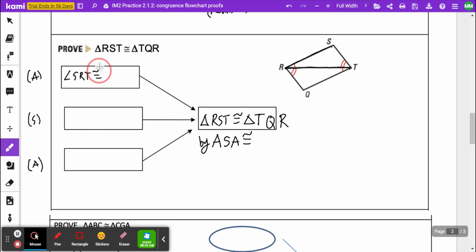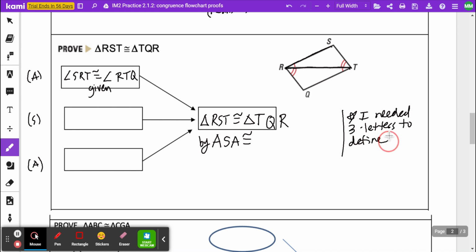is congruent to angle RTQ, which is given. As an aside, I'll write, I needed three letters to define angles because they were not well defined with single letters.